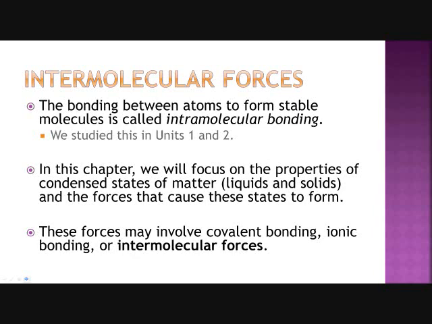Okay. So we talked about in the last 2 units that the bonding between atoms is called intramolecular bonding. So you have to be very careful. Intra means within. Okay? So the types of intramolecular bonding, what do we have? If you had 2 elements, what could a type of bond be between them?